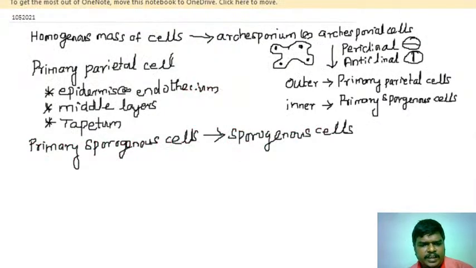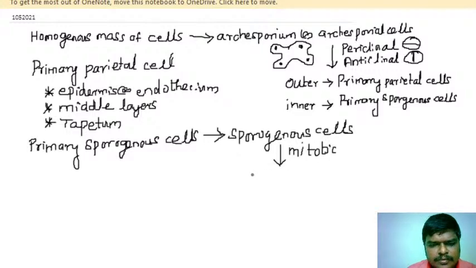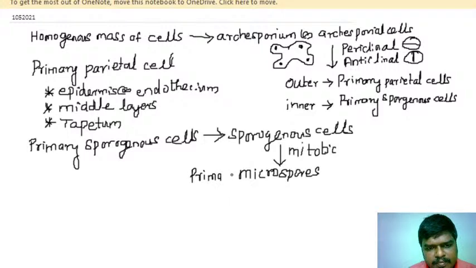So the sporogenous cells undergo mitotic divisions and form the primary microspores, which is nothing but the microspore mother cells.